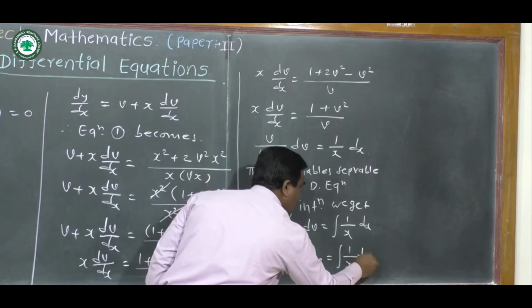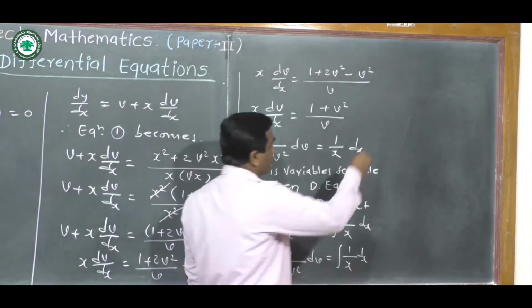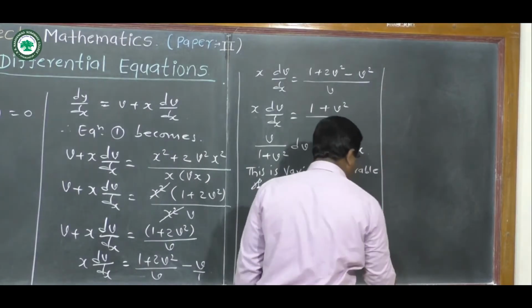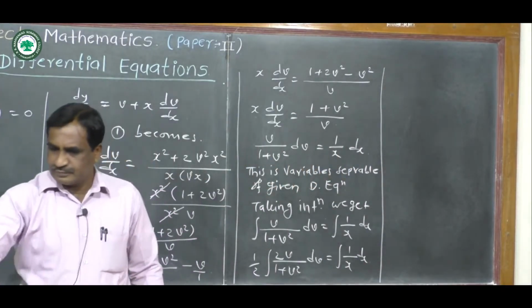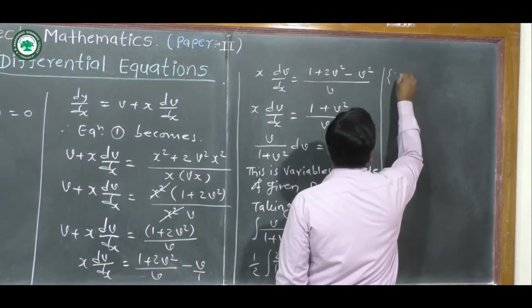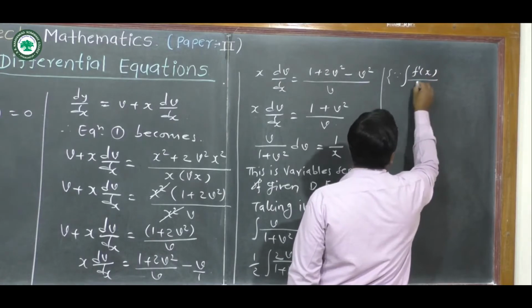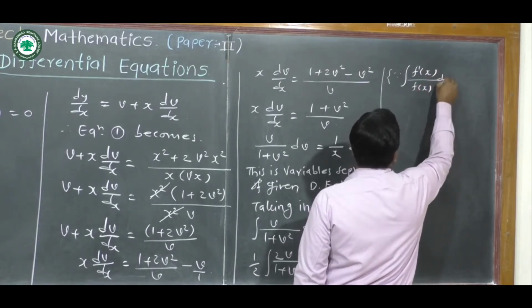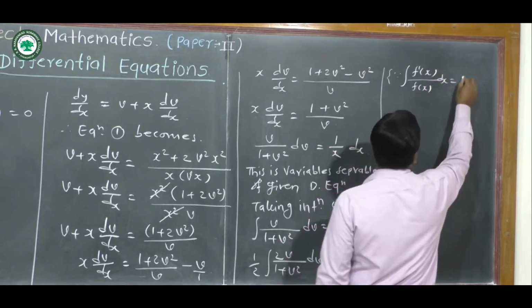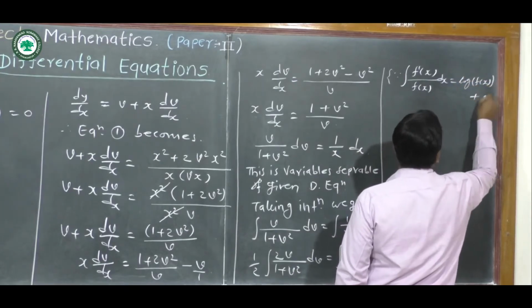Now we can use the corollary here. Since integral of f dash of x upon f of x dx is equal to log of f of x plus c.